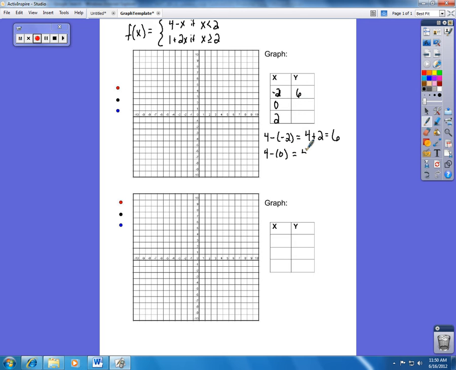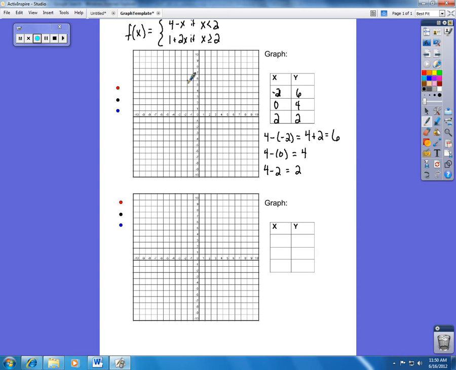That, of course, is 4, so I have a point at 0, 4. And again, one more time for 2, 4 minus 2, and that equals 2. Now, some of you may be going, wait, but this graph doesn't include 2. That's right, it doesn't.